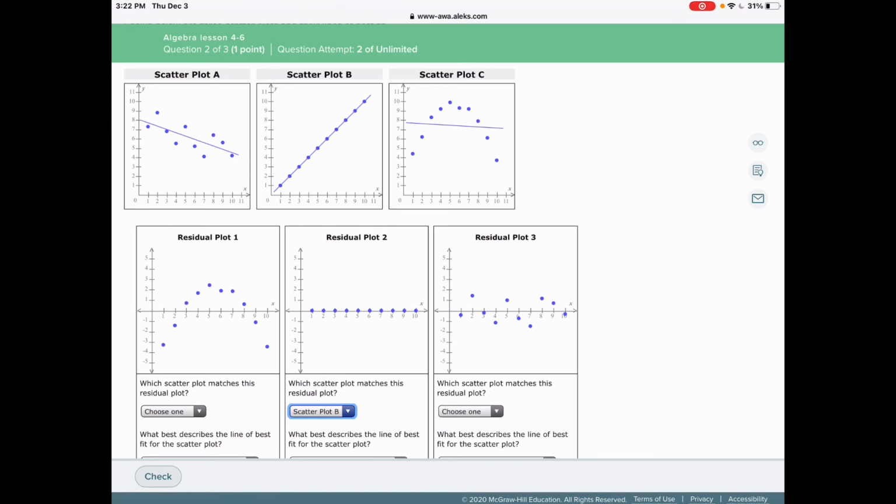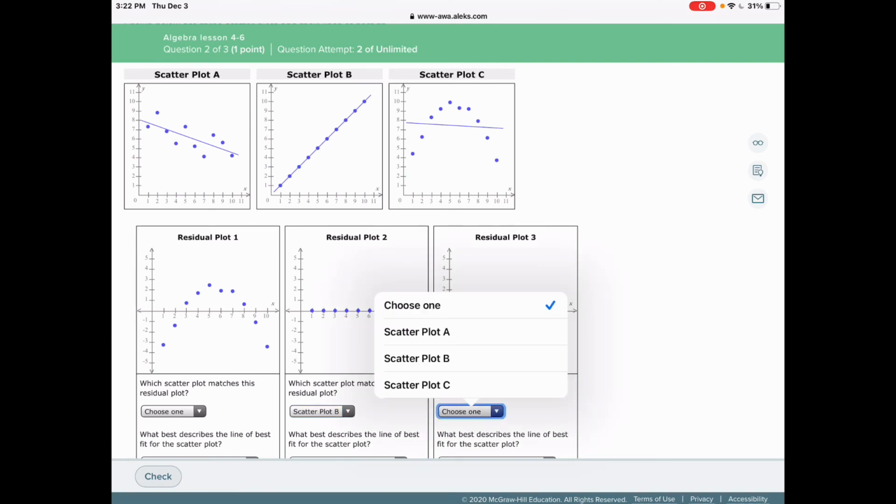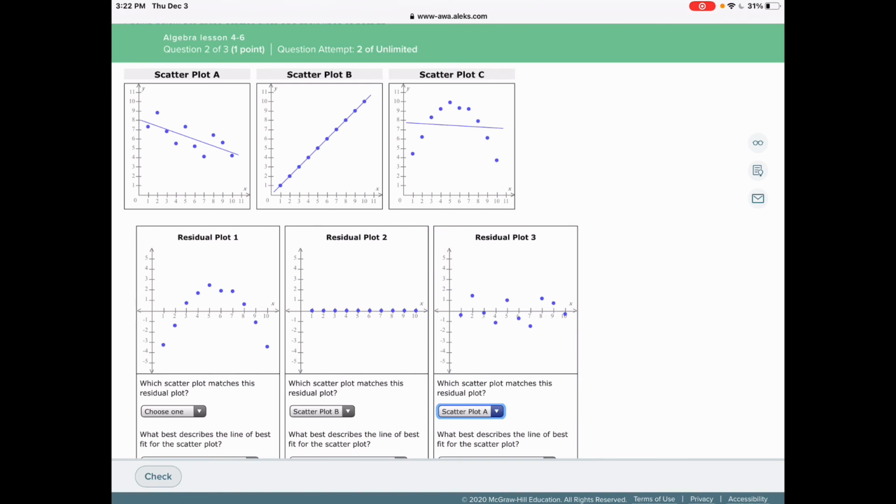If I'm looking at scatter plot A, it's a pretty good model, but not perfect. So looking between residual plot 1 and residual plot 3, I'm going to choose residual plot 3 because it's relatively going along the x-line, but not perfect, so it seems to match A. And then we can see that C is going to match residual plot 1.